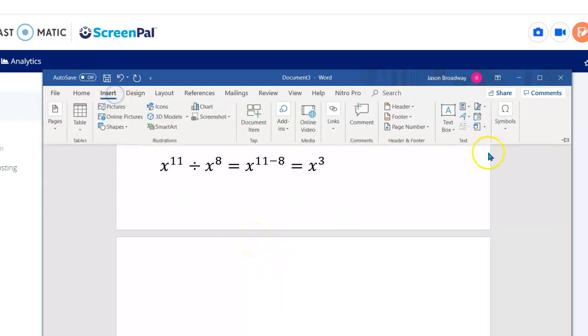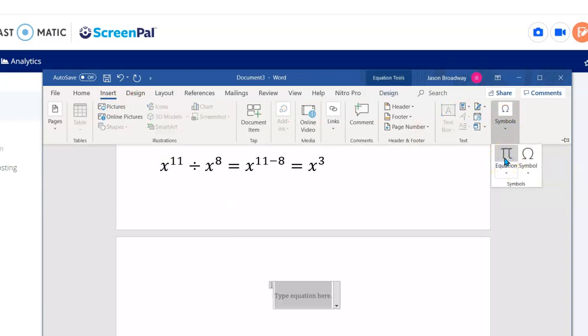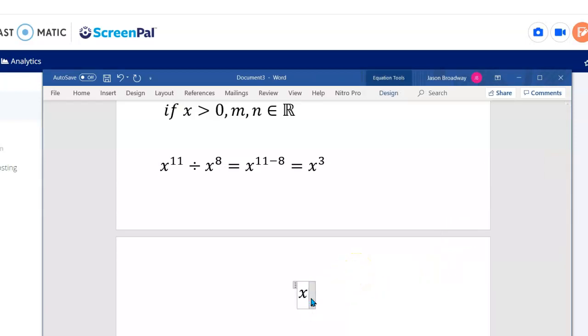I tell you where rule 2 can get a little strange, and it just trips up students who are uncomfortable with negative numbers. Let's say we get x to the power of 10, and what if I divide by x to the power of negative 6?